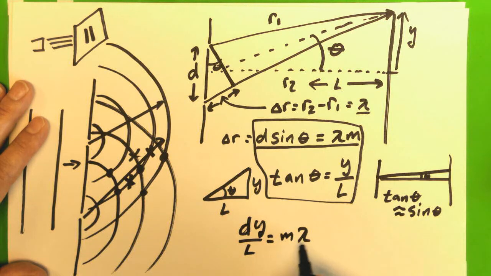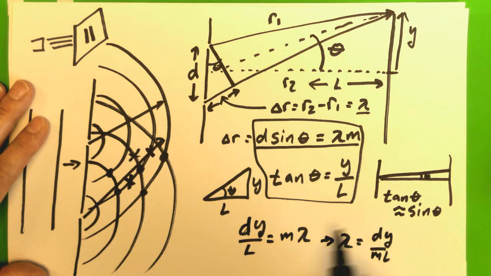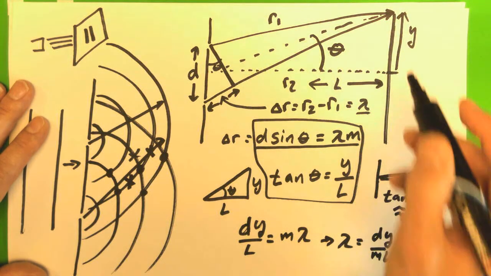Now, usually we're trying to look for lambda, and so we can say that the wavelength of our light is going to be equal to, dividing down by that m, d y over m L. Or sometimes, knowing the wavelength, we want to see how far up the spot is going to be.